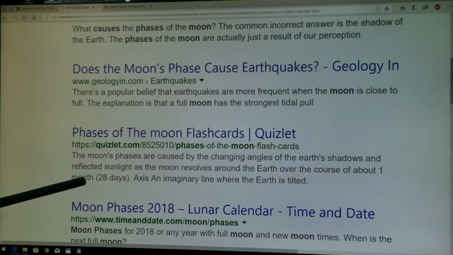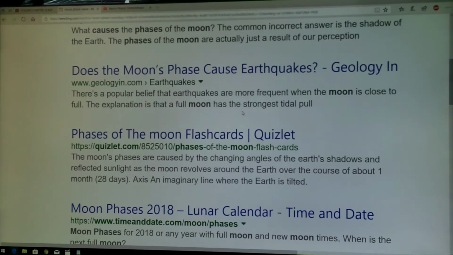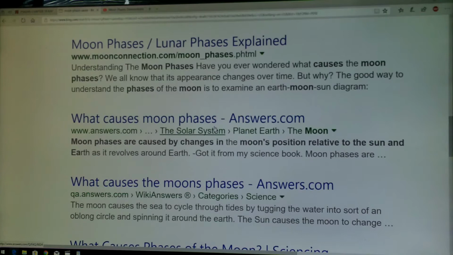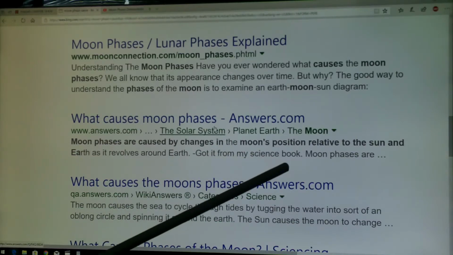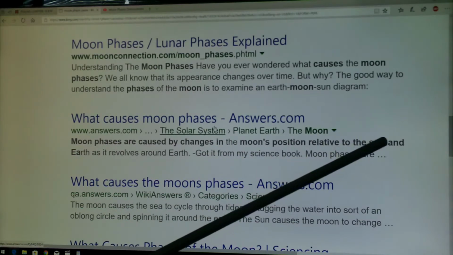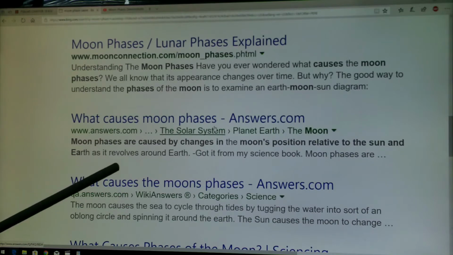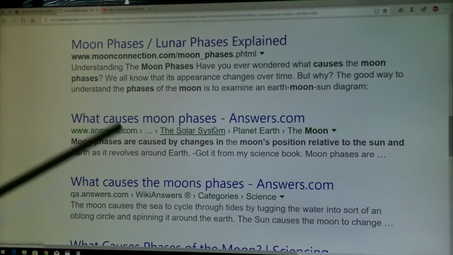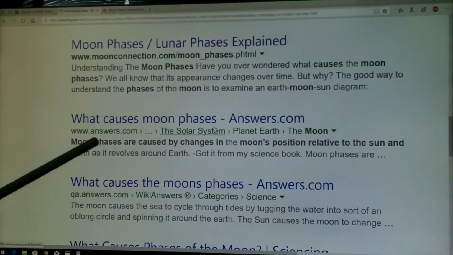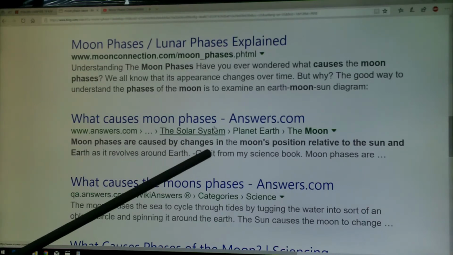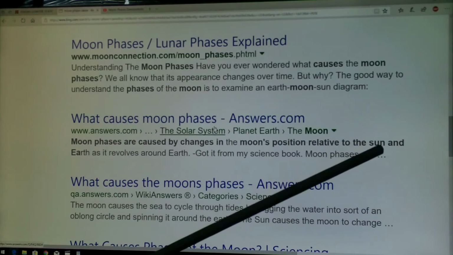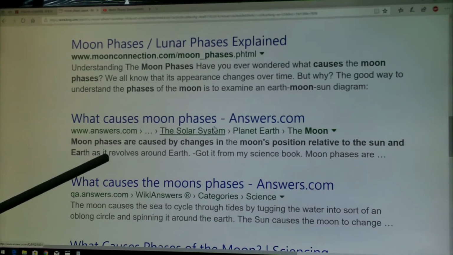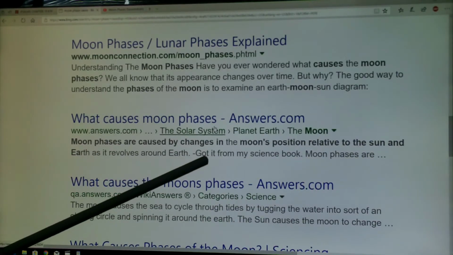Okay? And what causes moon phases? Moon phases are caused by changes in the moon's position relative to the sun and earth as it revolves around earth. Read it again. Moon phases are caused by changes in the moon's position relative to the sun and earth as it revolves around earth.